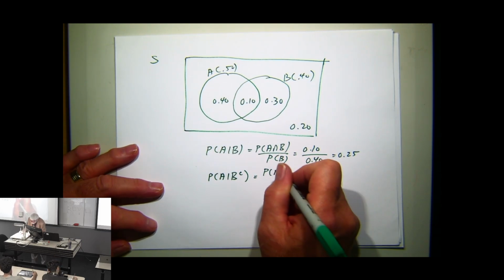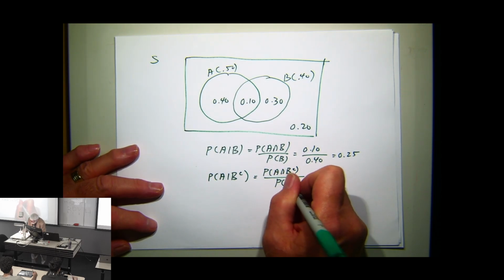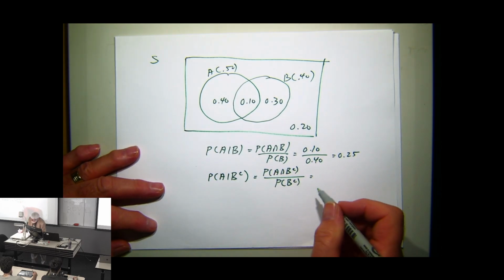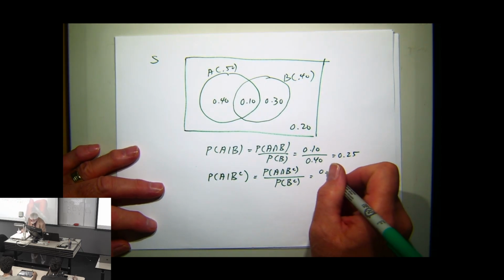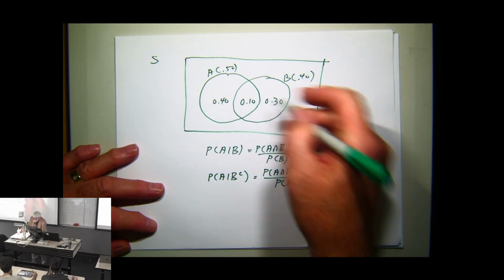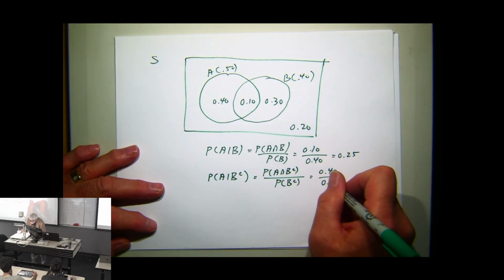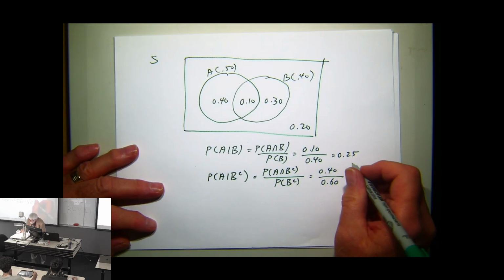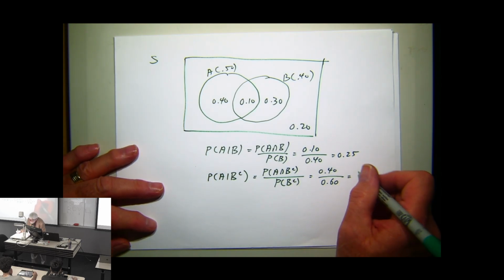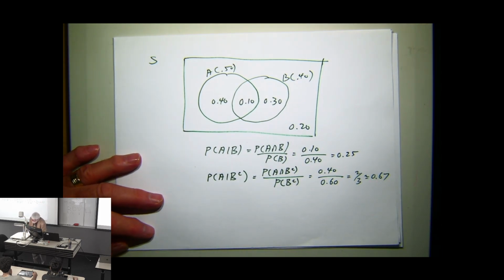That's going to be the probability of A intersect B complement over the probability of B complement, and that's going to be A intersect B complement is 0.40 over the probability of B complement, which is 0.60, which is 2/3. Actually 0.67.